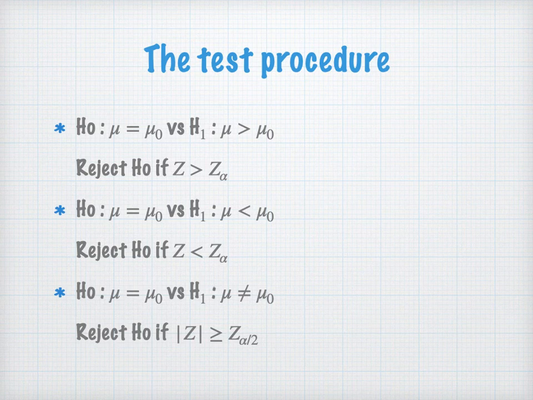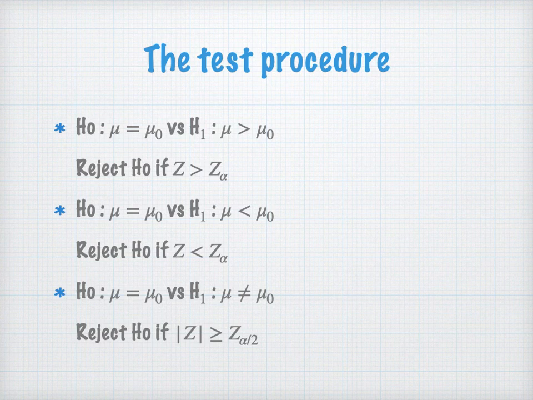What is unknown is z alpha and z alpha by 2. We have said this z follows a standard normal distribution. So we can find z alpha and z alpha by 2 from the standard normal table. While discussing the normal distribution, we used the standard normal table.